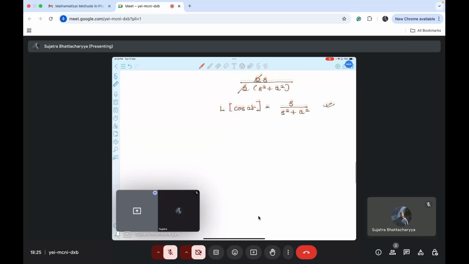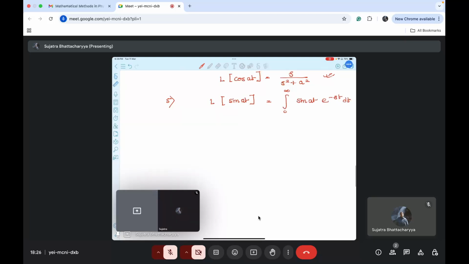Similarly, we have done it for cosine. Let's do it for sine. So Laplace transform of sin at, that will give you 0 to infinity sin at e to the power minus st dt. All right. So what we will do?